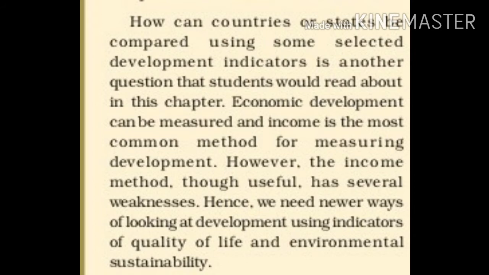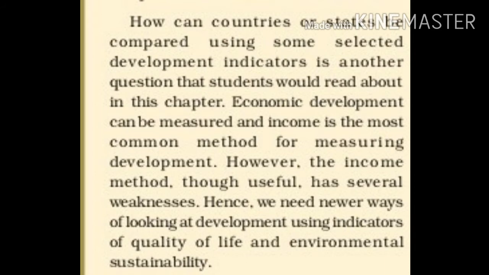However, the income method, though useful, has several weaknesses. Hence, we need newer ways of looking at development using indicators of quality of life and environmental sustainability. These two points give us ideas about the development of the nation.